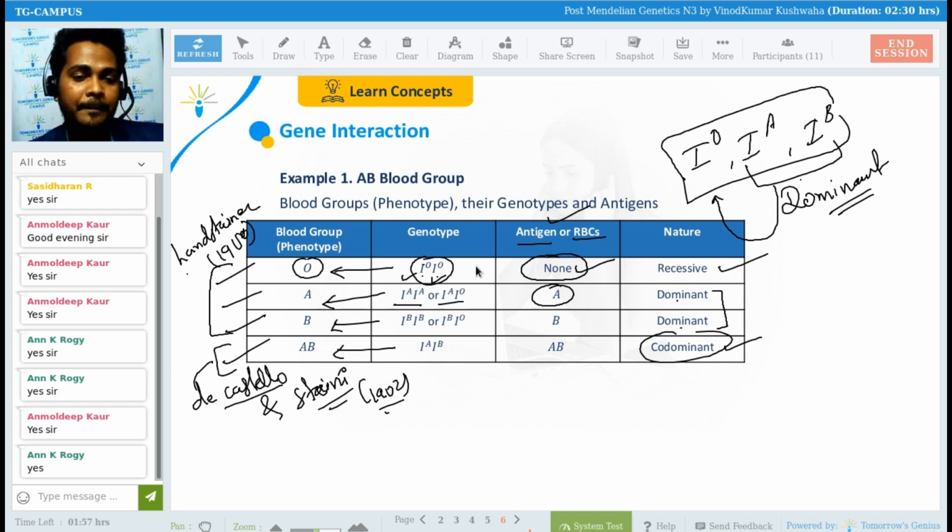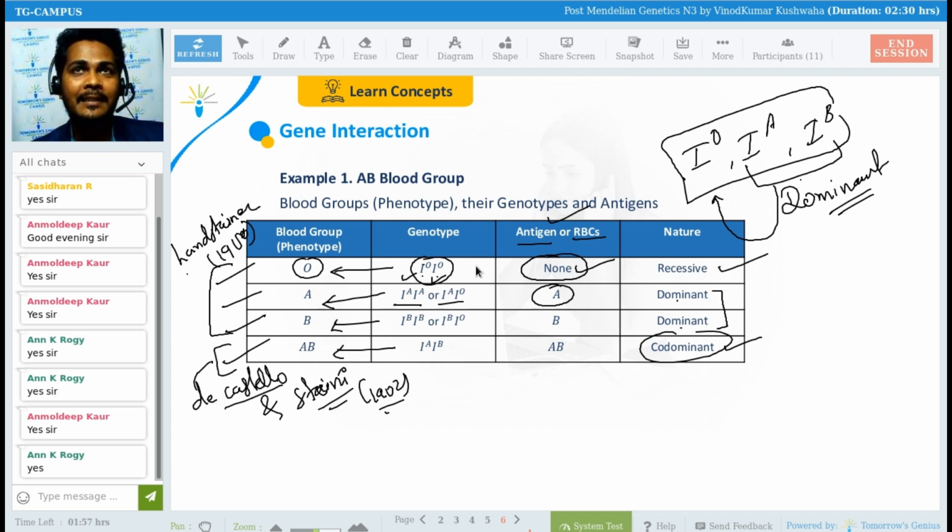So we can say that this ABO blood group is an example of multiple alleles. This ABO blood group is the best example for codominance as well as multiple alleles. Why? Because three alleles govern the same character.